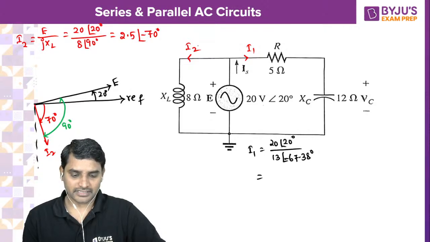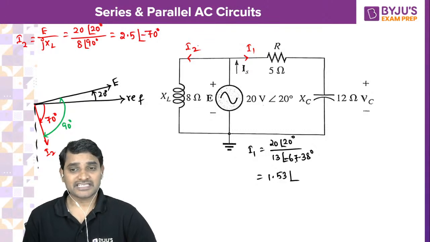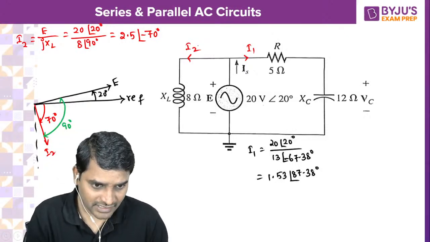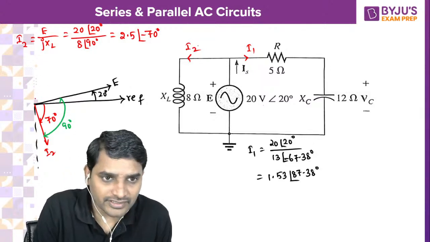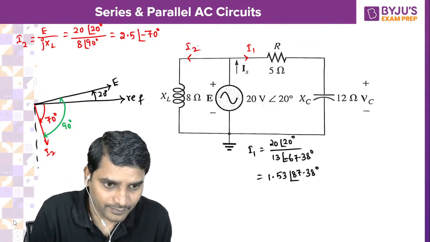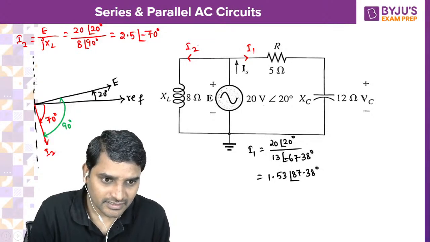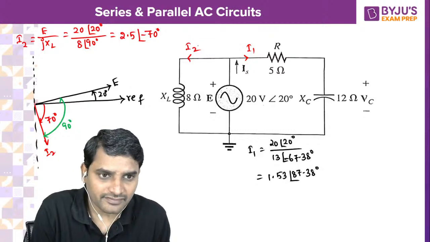I am getting around 1.538 at an angle of 20 plus 67, so it will be 87.38 from the reference. So I1 will be at 87.38 from the reference. If I take it from the reference, it will be 90 degrees, or rather 87.38.